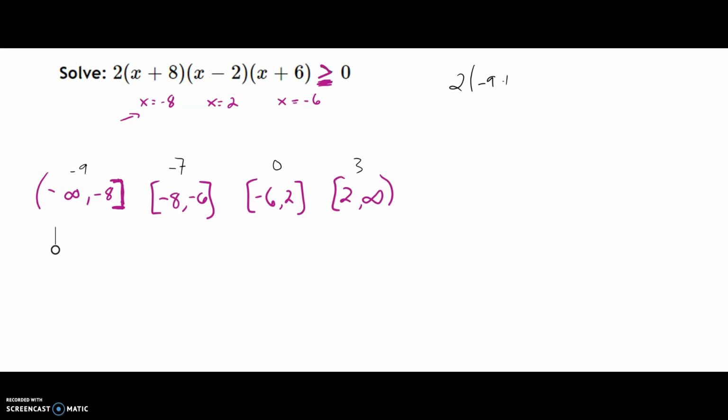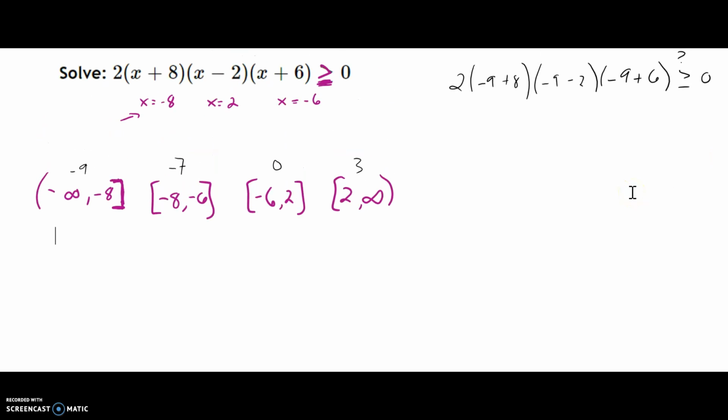When I plug in -9 here, do I get a true statement? Okay, so I want to know, is that greater than or equal to 0? If it is, then that test value kind of speaks for everything in the interval. Everything else in that interval will give you the same result.